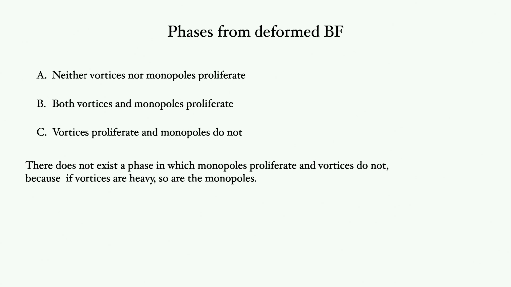One of them is to have neither vortices nor monopoles proliferating. We can have both vortices and monopoles proliferating. We can also have vortices proliferating, but monopoles not. There is no phase in which monopoles proliferate and vortices do not, because if vortices are heavy, so are the monopoles.